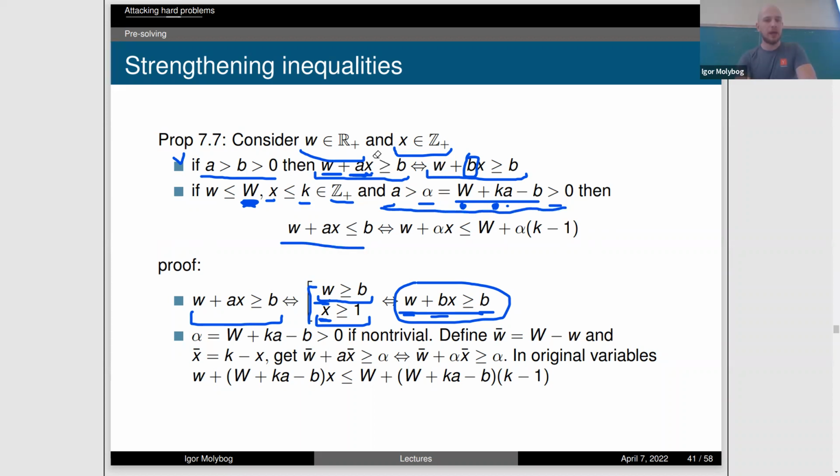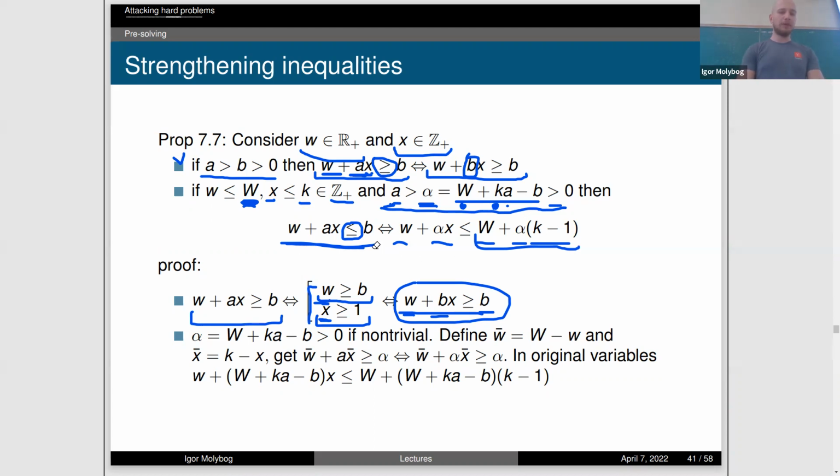Notice that here we had greater than or equal to b, and here we have less than or equal to b, which is a different inequality. So this inequality is equivalent to the inequality saying that w plus alpha x is less than or equal to capital W plus alpha times k minus 1, which turns out to be a better inequality just because this alpha is smaller than a, and also the right hand side is better than having just b.